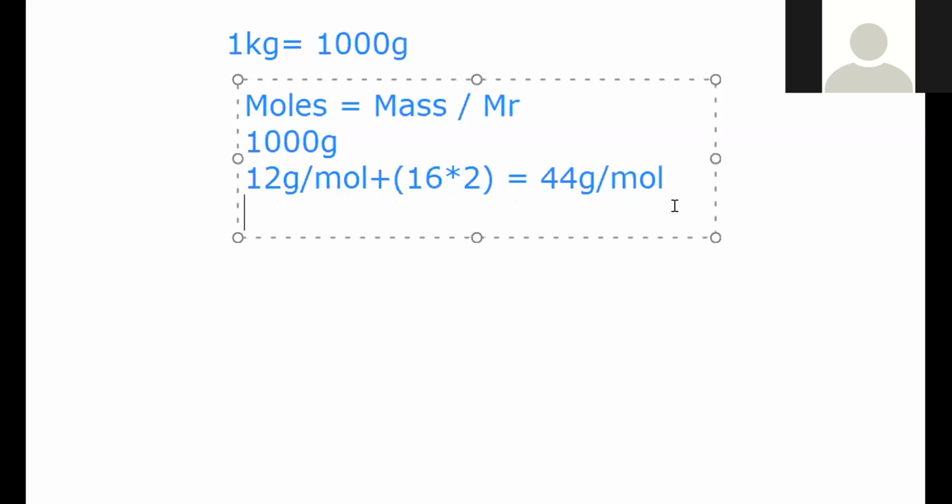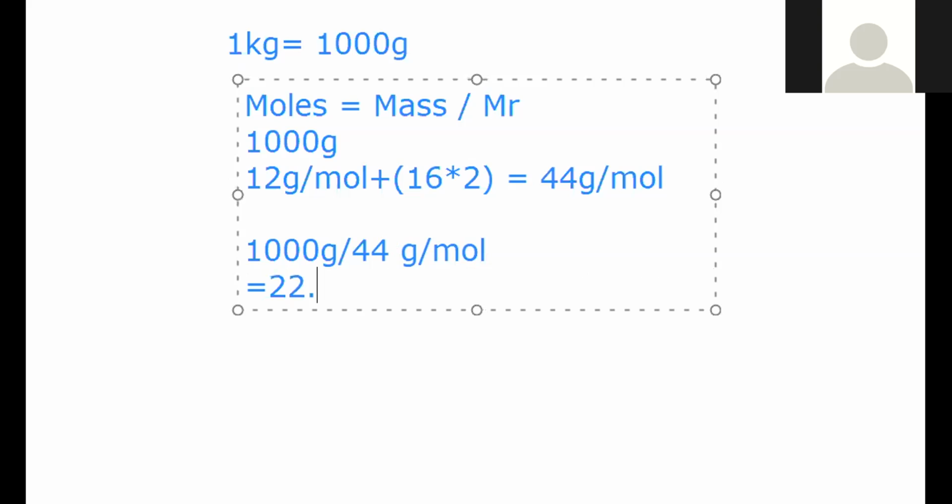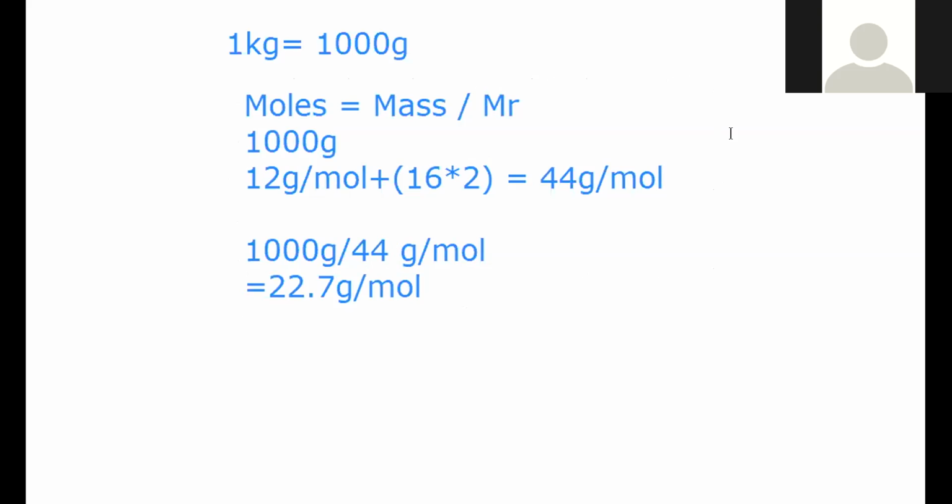So we take 1,000 grams, which is our mass, and then we divide it by the molar mass, which is 44 grams per mole. When we're dividing, we're getting rid of the grams, and we are left with 22.7 moles.